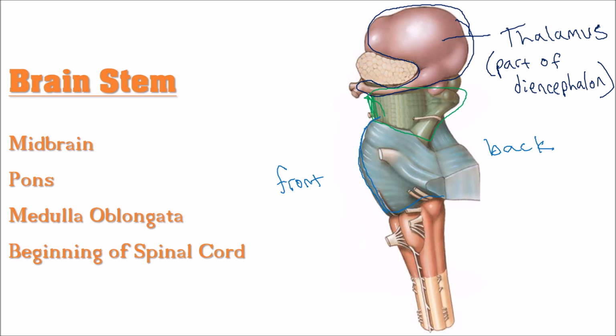So this blue, this whole blue area right here underneath the green, there is this orange area right below this blue. And that kind of has a bump too in the front, not as prominent as the blue up above it. And then down here is the spinal cord.